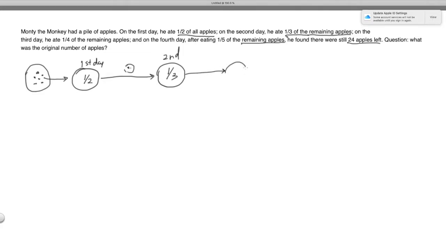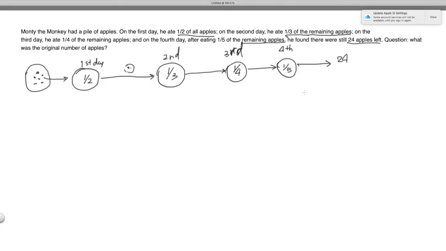And then on the third day, he ate 1/4. And on the fourth day, he ate 1/5. And then what remained was 24 apples.